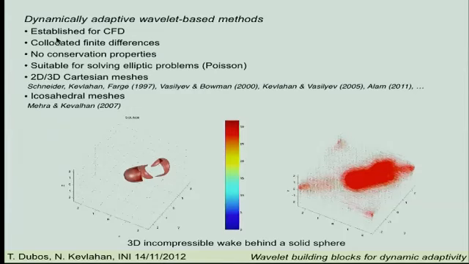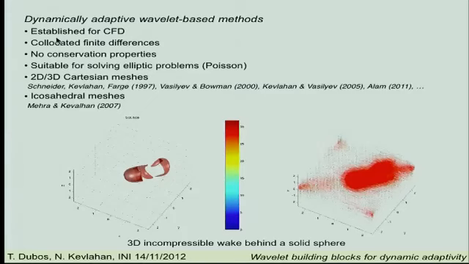I won't use that, but they can solve elliptic problems on adaptive grids for incompressible Navier-Stokes equation, for instance. And typically they involve 2D or 3D Cartesian meshes, so that's an example of a 3D incompressible flow behind a spherical object, and that's the adaptive grid here. But you can also design these methods on icosahedral meshes, and Nicolas had worked on that a few years ago. So the work here is basically to extend these methods to these staggered grid conservative schemes.